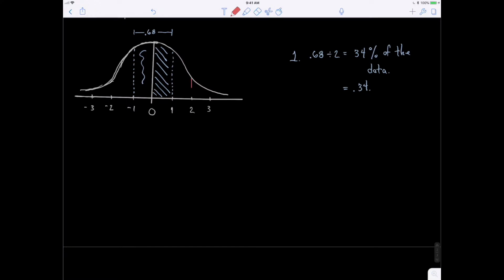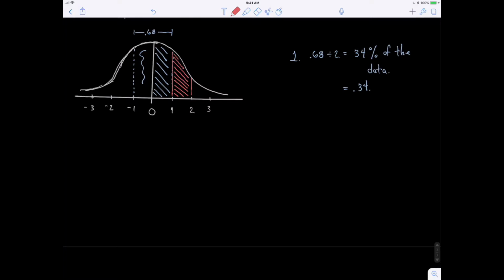What if I just shade this region from 2 down to 1? Let's find this area now. This one, we have to do a bit more thinking, but we can do that. Now, here's an interesting idea. If I shade the entire picture, that would be 100%.